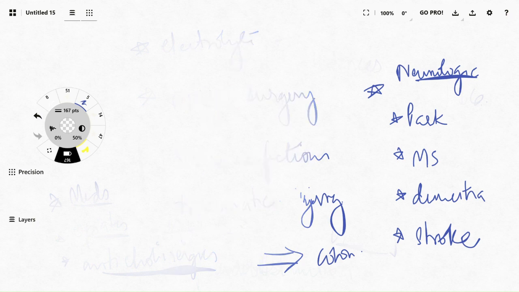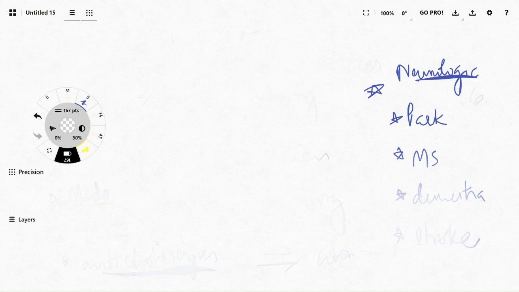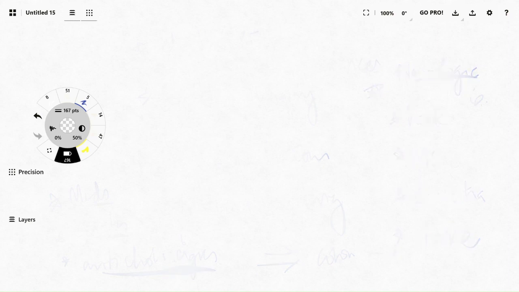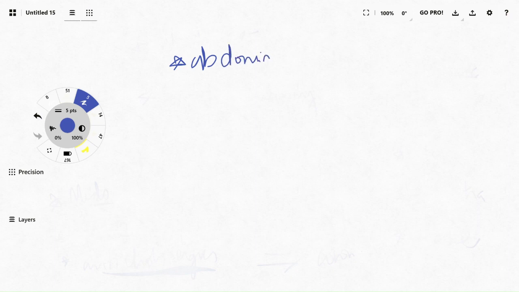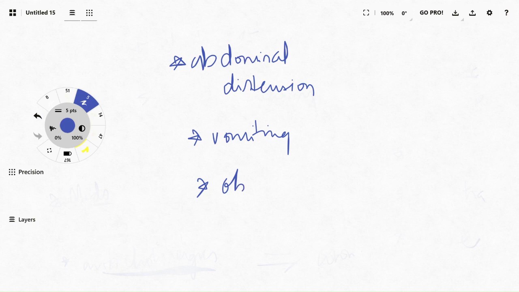All right, now how do we manage colonic pseudo-obstruction? Let us say that you have an elderly patient with dementia that suddenly started to develop abdominal distension, right? Vomiting, obstipation. What else?